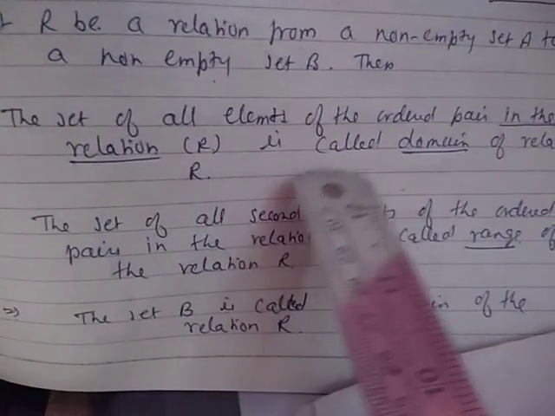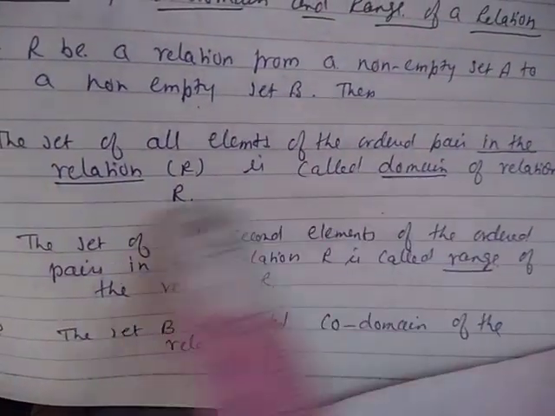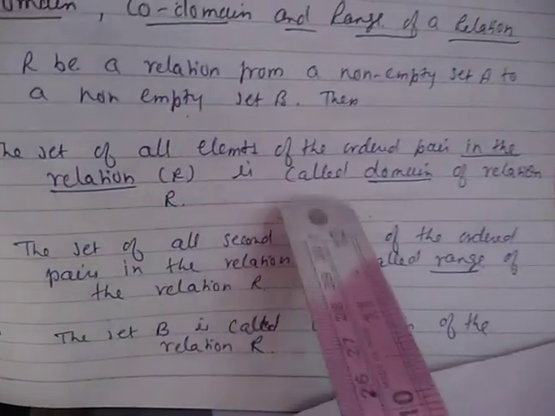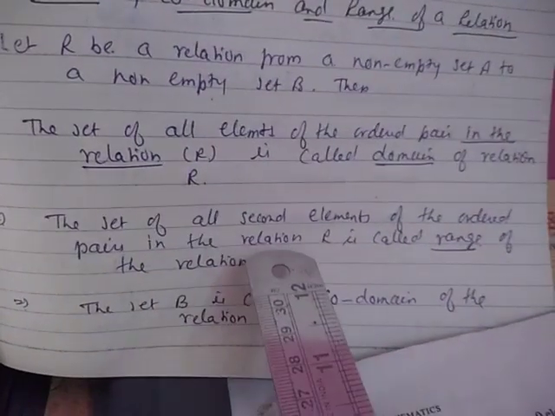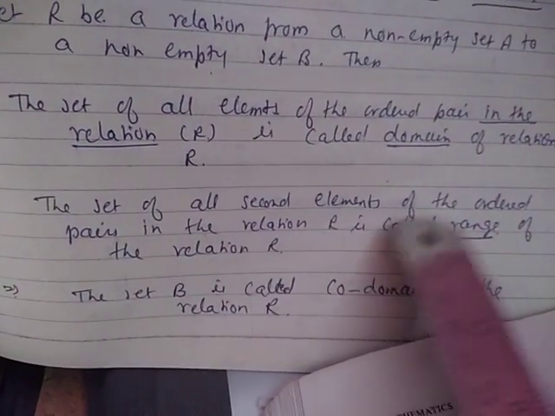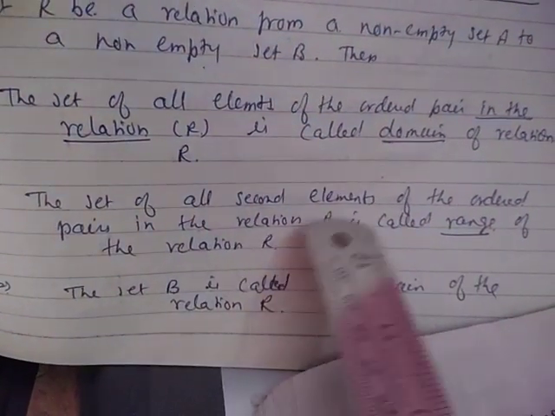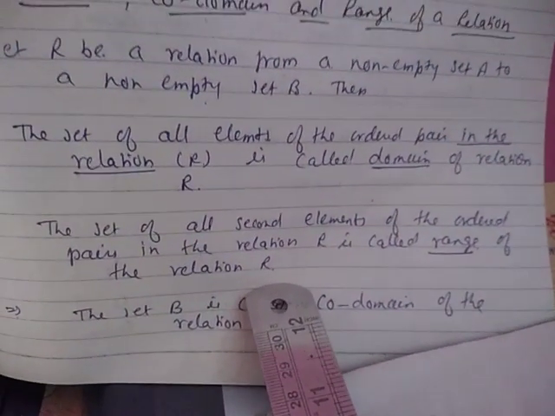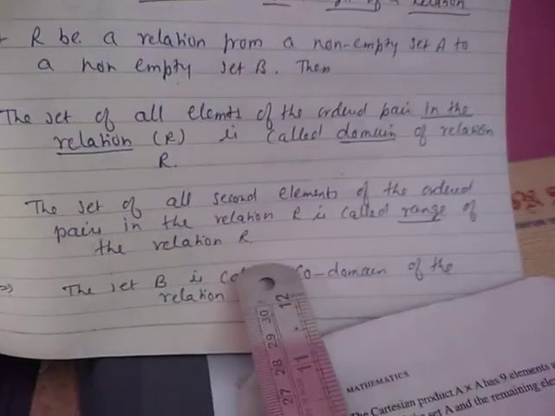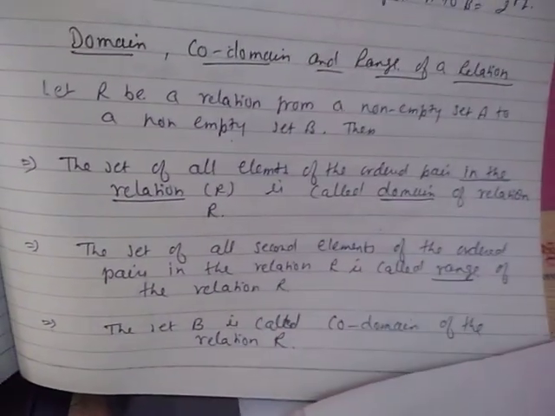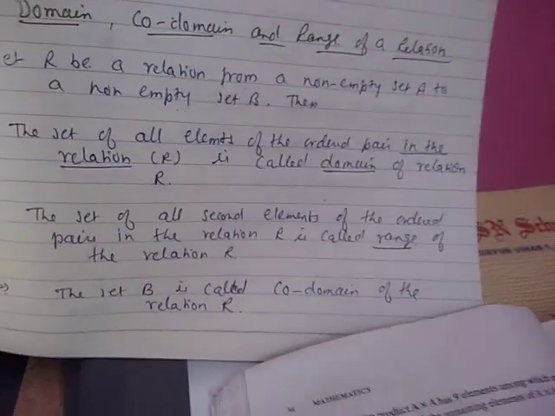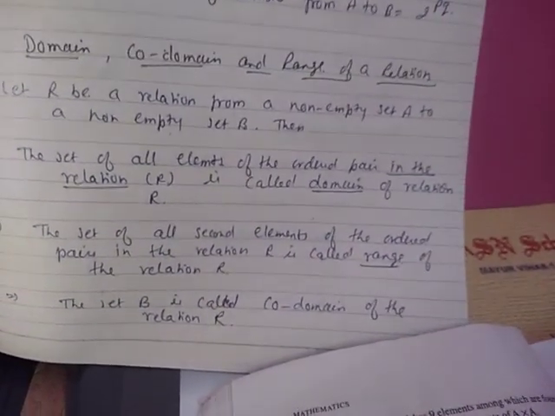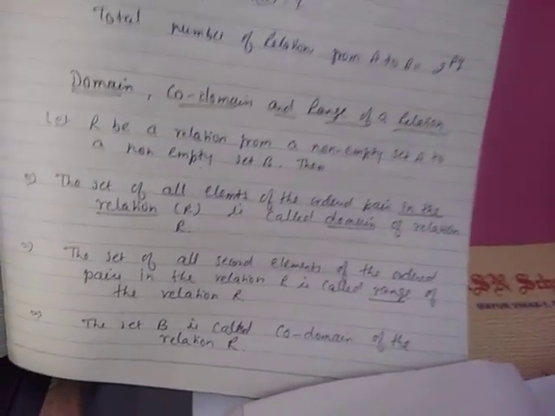Okay. Now, the set of all first elements of the ordered pairs in the relation R is called the domain. The set of all the second elements of the ordered pairs in the relation R is called the range of the relation. In set R, the first element of that ordered pair will be responsible for the domain and the second element will be responsible for the range.